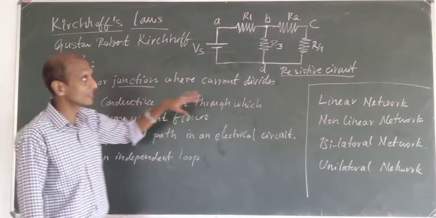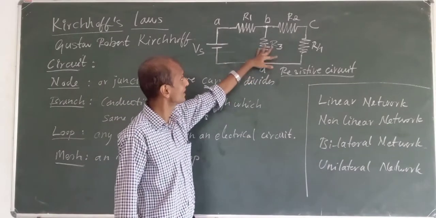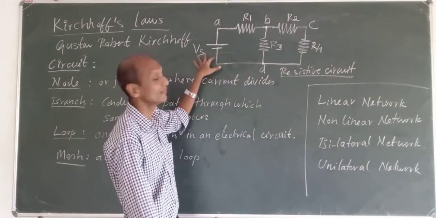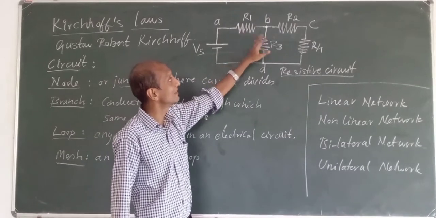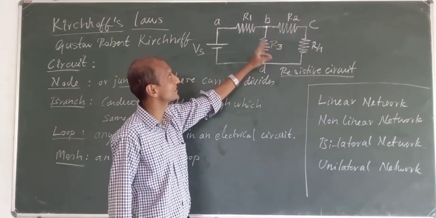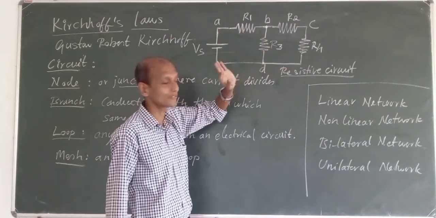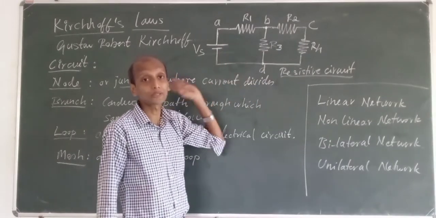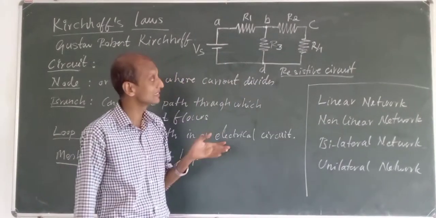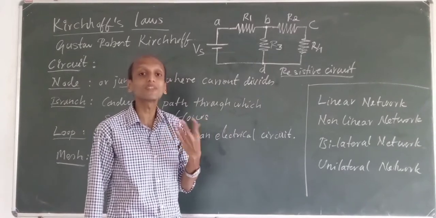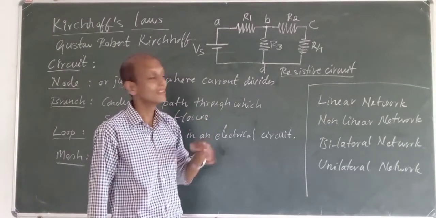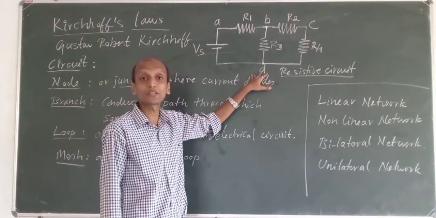For example, I have taken a circuit over here, where we have Vs, the source voltage, and four resistances R1, R2, R3 and R4. So this is a resistive network, or we can call it a resistive circuit. Why is it called a resistive circuit or resistive network?